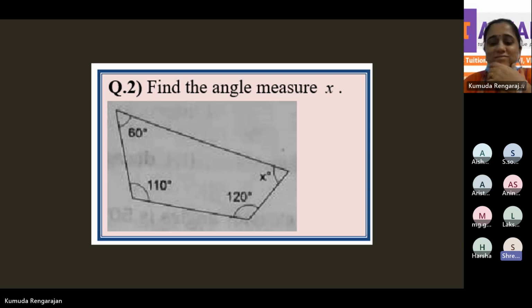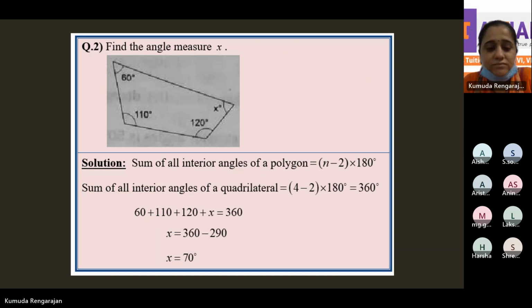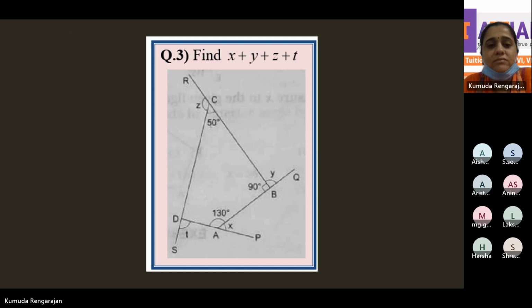Ma'am, is x 70 degrees, ma'am? Okay. So what's the equation? 60 degrees plus 110 degrees plus 120 degrees, adding together, ma'am, and equated to 360. 360 degrees. Okay.